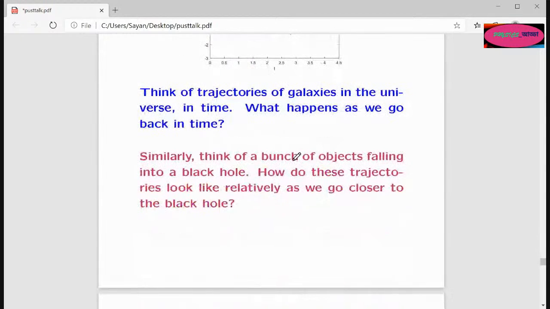Similarly, the trajectories of objects thrown into the black hole are going to hit each other at the black hole, which of course you cannot enter or see, but can only imagine, and they will meet at the so-called singularity, where there is an extreme gravitational field.